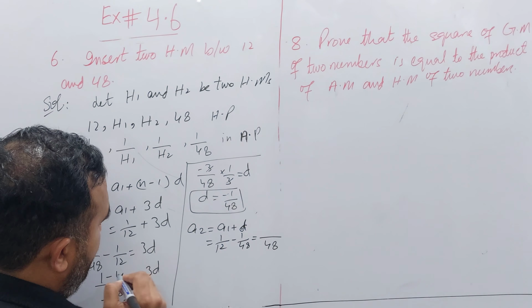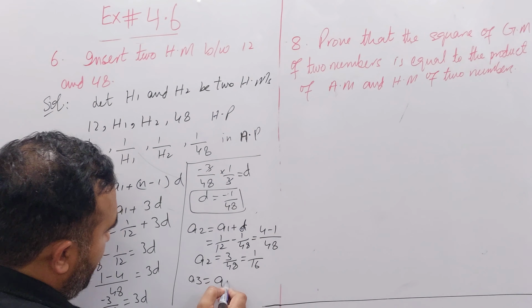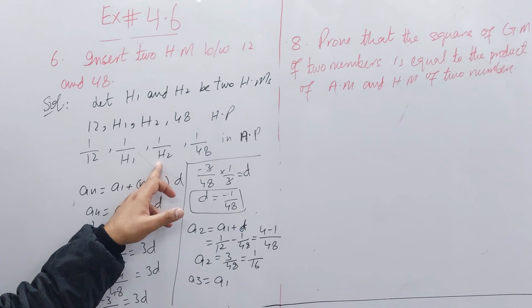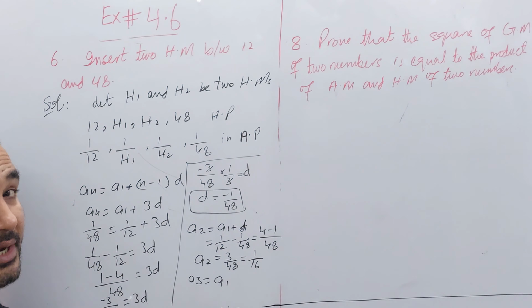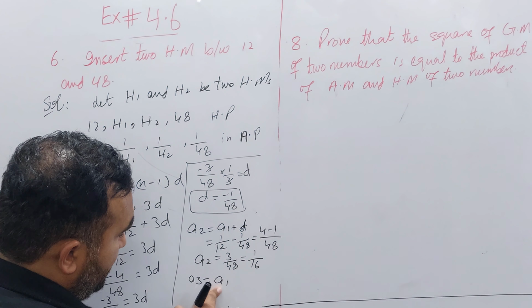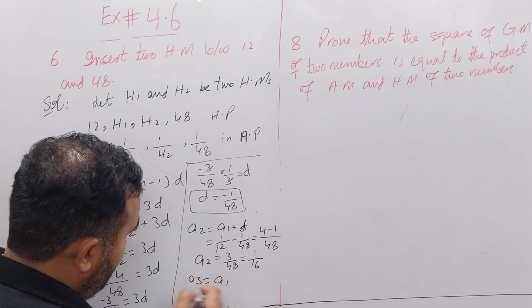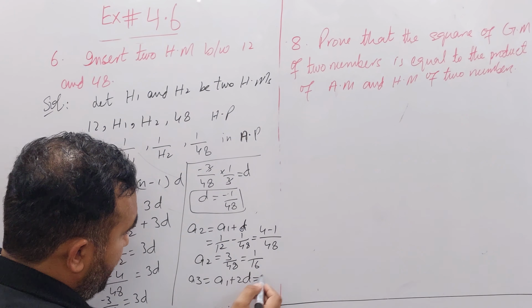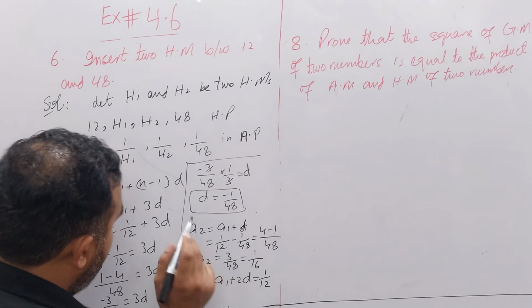Now a3. Why are we going to find a3? Because 1 over h2 is the third term of the arithmetic progression, so that will be the value of 1 over h2. So a3 is equal to a1 plus 2d, and a1 is 1 by 12, and 2 times d is minus 1 by 48.